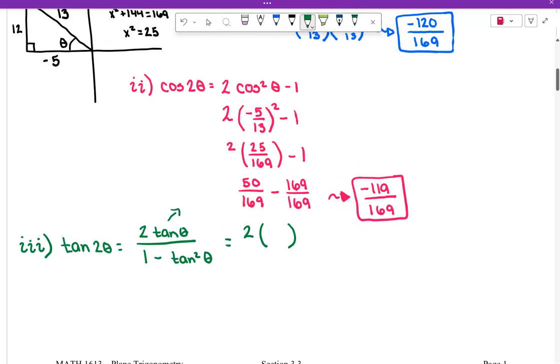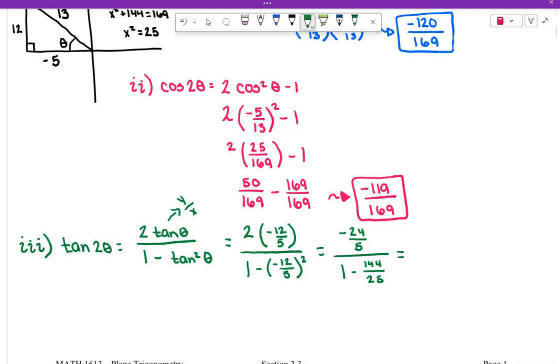So tangent is y over x or sine over cosine, whichever way you want to look at that. So that means ours is going to be negative 12 over 5. And then we're going to have 1 minus negative 12 over 5 squared. So here we're going to have negative 24 over 5 over 1 minus, what would that be? 144 over 25.